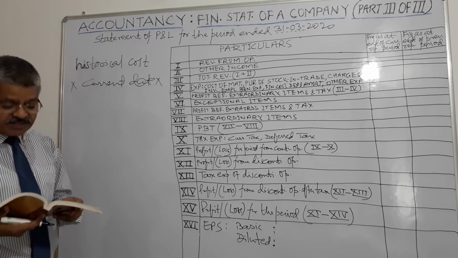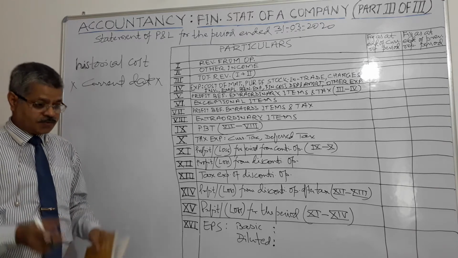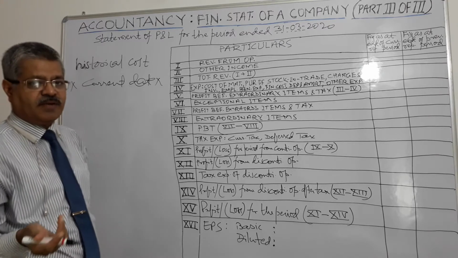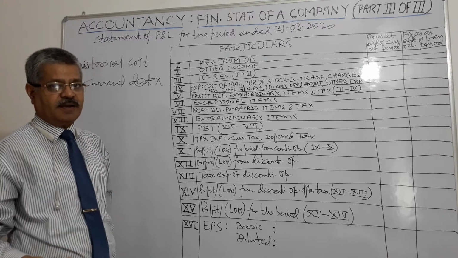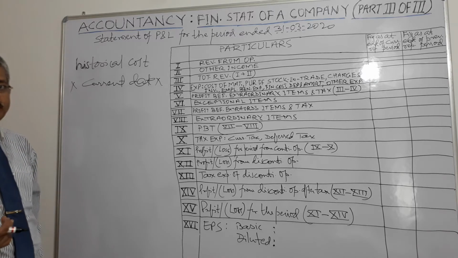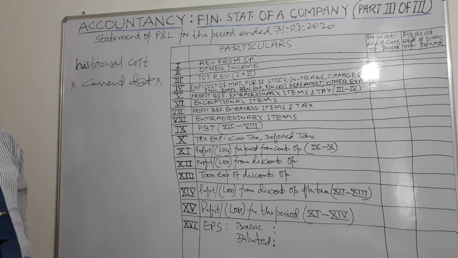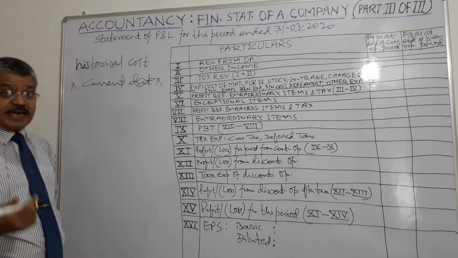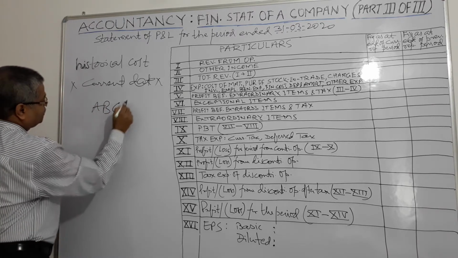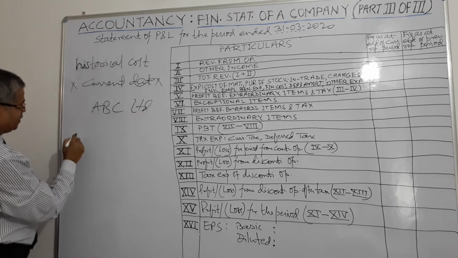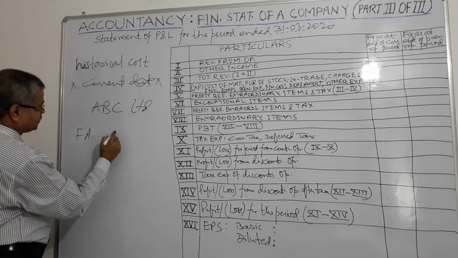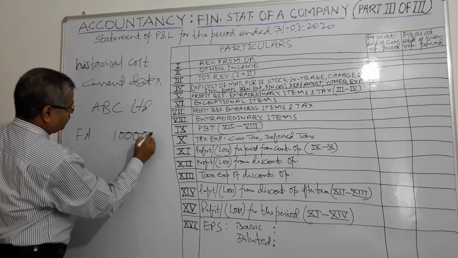Then assets may not realize. Suppose in the financial position of a company we have come across ABC assets. In the case of liquidation of that company, we may not be able to realize those assets. Suppose in the books of ABC Limited, fixed assets have been shown as 1 crore.